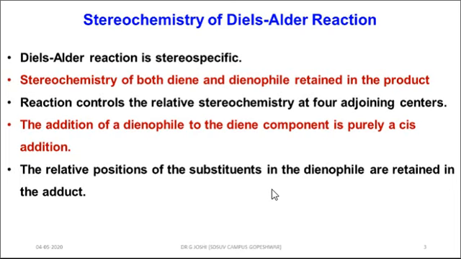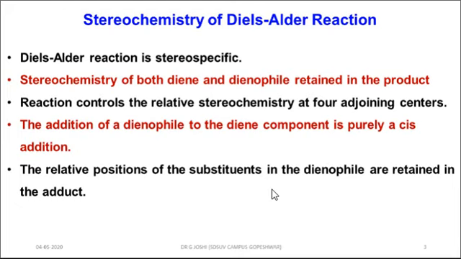The Diels-Alder reaction is stereoselective as well as stereospecific. Stereospecific means in stereospecific reactions, the stereochemistry of reactant decides the stereochemistry of product. The Diels-Alder reaction is stereospecific because substituents that are cis in dienophile remain cis in the product.